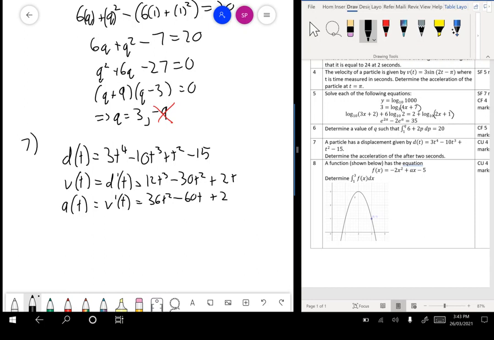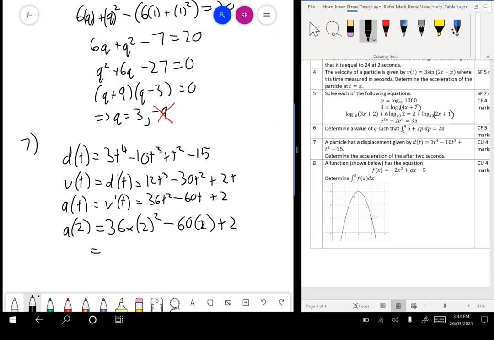And what I want to do is find the acceleration after 2 seconds. So the acceleration at time 2 is equal to 36 times 2 squared minus 60 times 2, plus 2. I keep going to write 2, I mean to write t. Okay, 36 times 4.